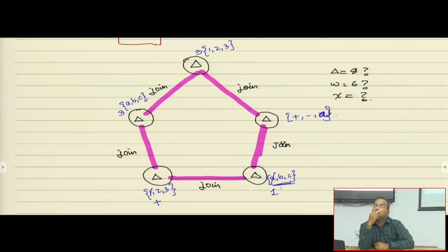So minimum degree is 8. Every vertex should have degree 8. Minimum degree is 8. So whatever is the minimum degree, okay.